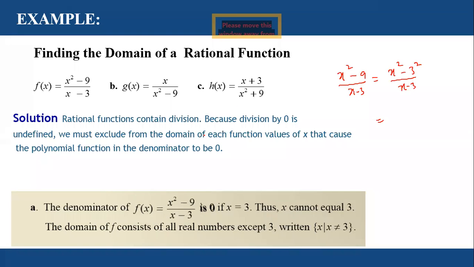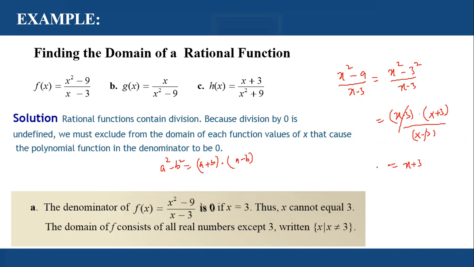So we have the a square minus b square formula: a square minus b square equals a plus b multiplied by a minus b. So we can write x minus 3 multiplied by x plus 3 divided by x minus 3. If you cancel x minus 3 with x minus 3, we have only x plus 3.